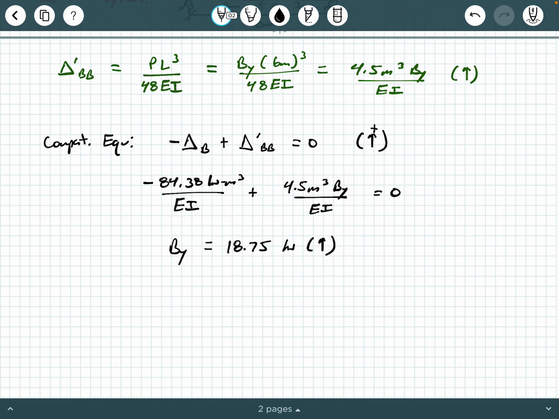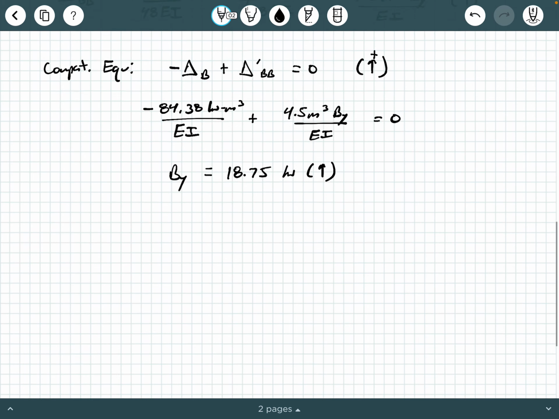So that is one of our unknown support reactions, but the problem said solve for all of the external support reactions. So now we're going to apply equilibrium equations to solve for the remaining support reactions on the real beam. So I'm going to re-sketch the real beam here for us just for our reference so I don't have to continue to scroll up and down. And so the real beam has an AY, has an AX.